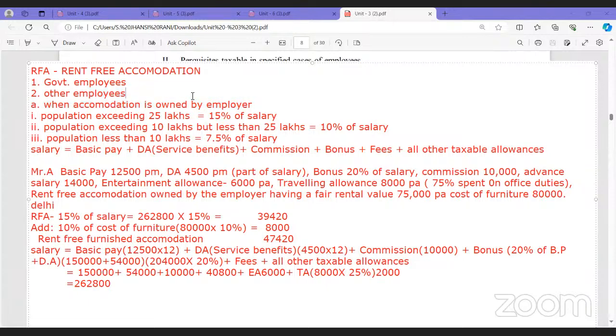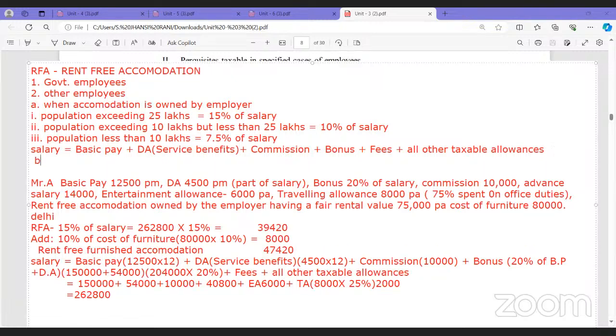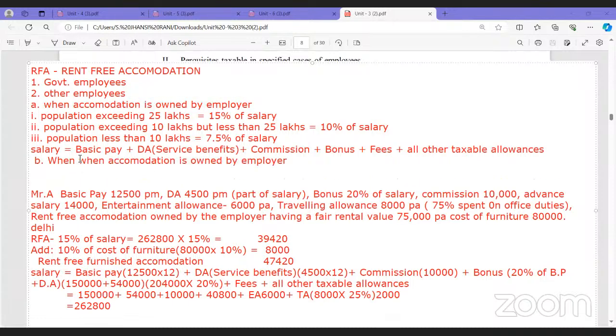Now, next point is when accommodation is not owned by employer. It means he's not having own accommodation. What he's doing, he is taking one building or one quarters on rent basis or hired basis or lease basis. Then he is providing that accommodation to the employee.